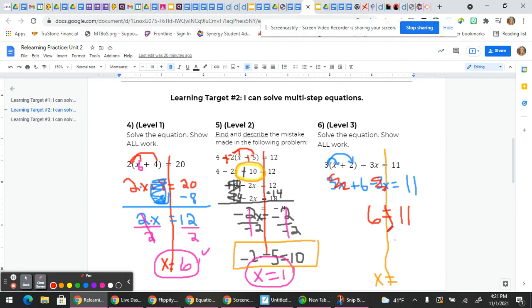I know that there is absolutely no number that we can put in for x that will ever make 6 equal 11. So if I put 1s in for x, they're still going to cancel. If I put 3s in for x, they're still going to cancel. And we'll always come up with this right here, which tells me the final answer for this one, there is no solution.